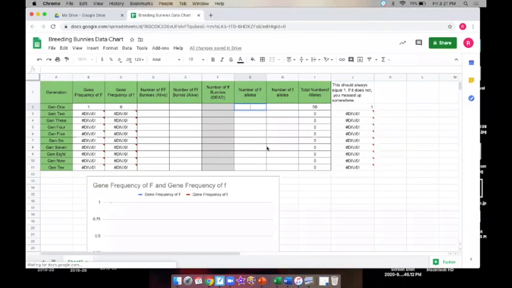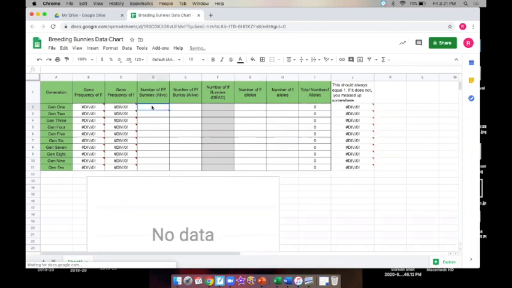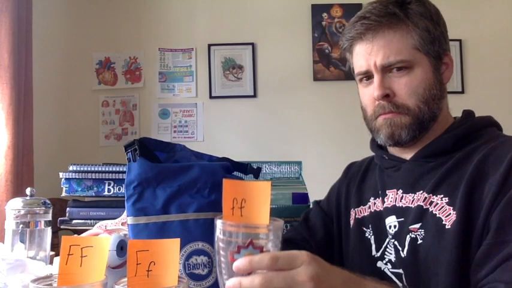So all together, count out your alleles and put them into separate dishes. Once you do that, count out how many rabbits are big F as you go. I would keep a tally, it might be easier for you: how many are big F, little f, and how many are little f, little f. These guys are dead. Bury them in the graveyard.